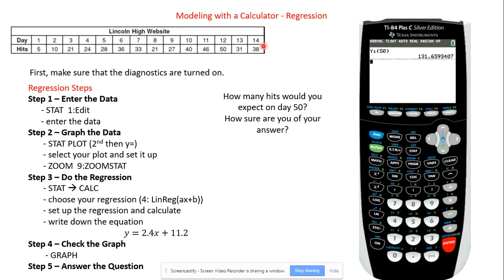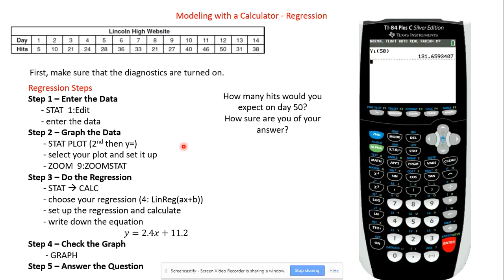Well, our data only goes up to day 14. A lot can happen in those next days. If I were to plug in, like, what is the prediction for day 15 or 16 or 17, I'd be a lot more confident in that prediction. Plugging in for something way out there is called speculation. You want to be wary of that. But based on our model, this is what we would expect.